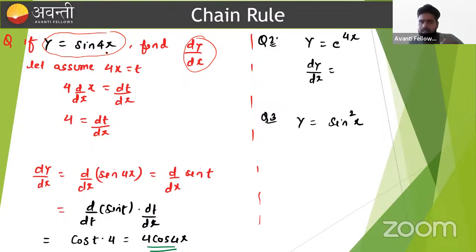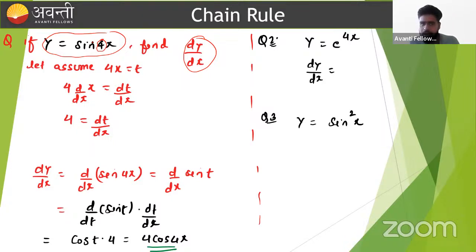But what is hard for me? Sir, listen. If this 4 is not here, then everything is okay. Then it is y equal to sine x, and we know the differentiation is cos x. But this 4 destroys the whole system.